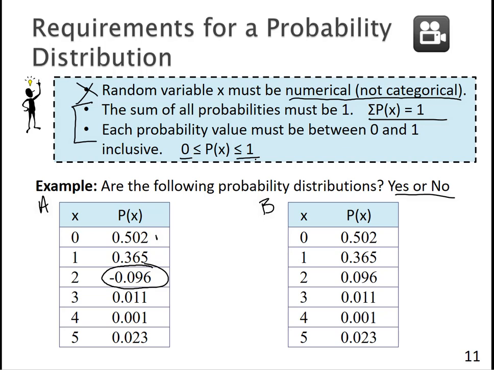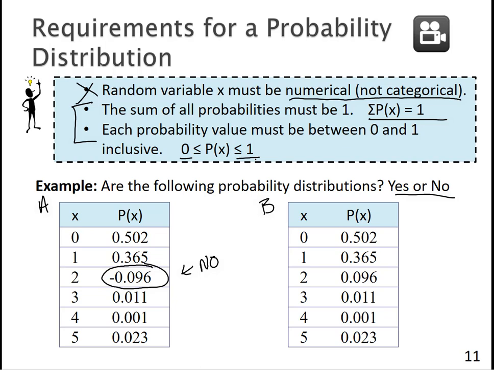Well, that is not between 0 and 1. So that entry causes table A to fail as a probability distribution. So, no, table A is not a probability distribution, because P of 2 is a negative value, and we cannot have negative values.